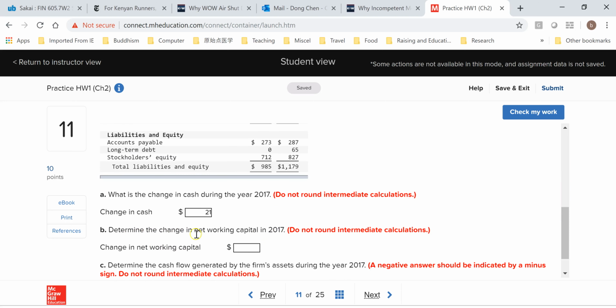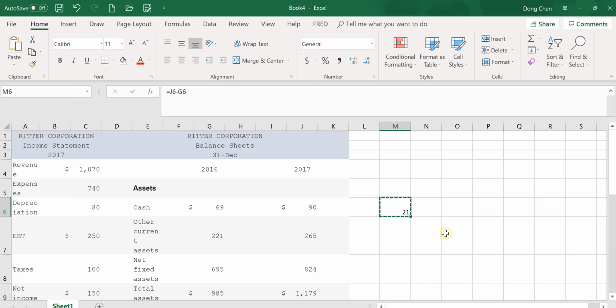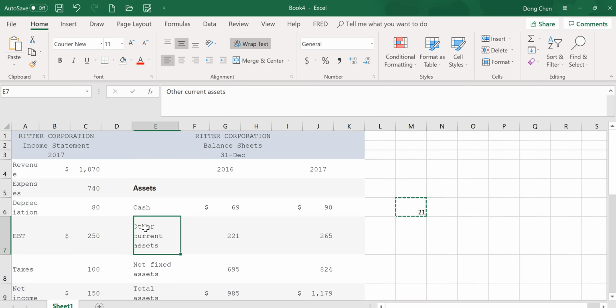B, determine the change in net working capital in 2017. So in order to determine the change, we have to determine the level first, so the 2 years' levels.